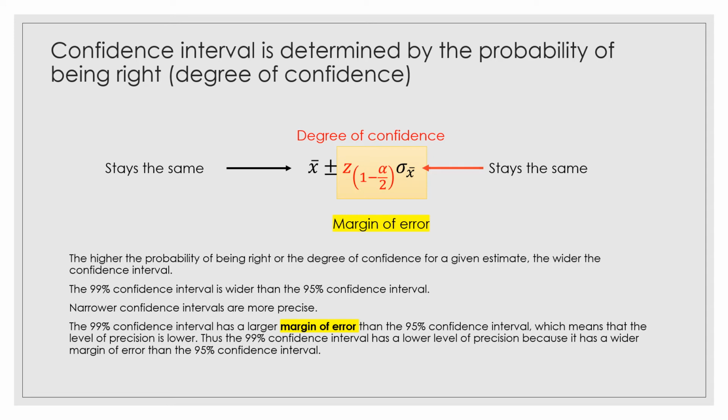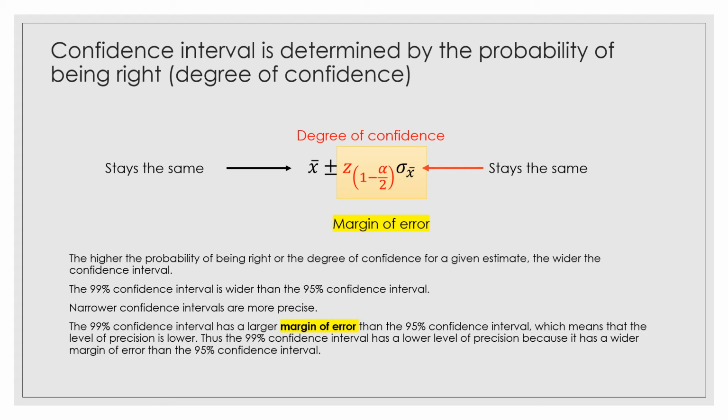And the confidence interval can also be determined by the probability of being right. The probability of being right is also called the degree of confidence.